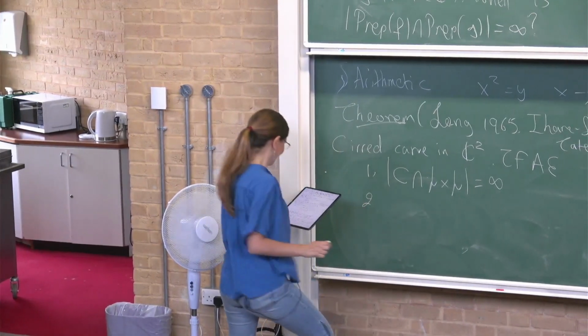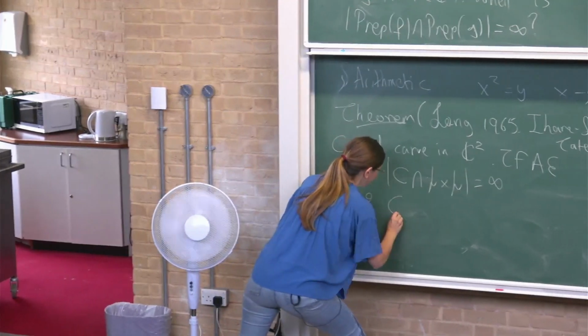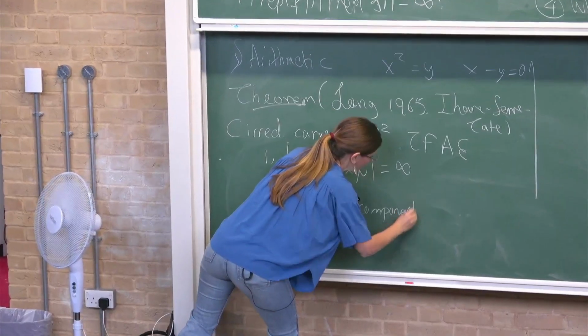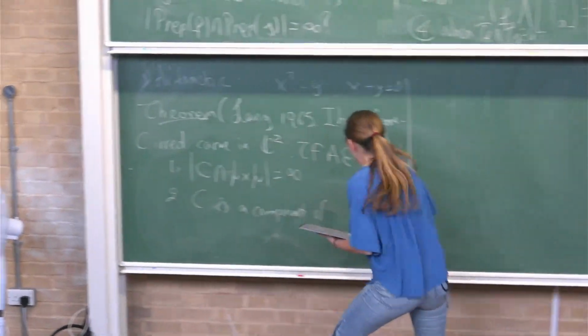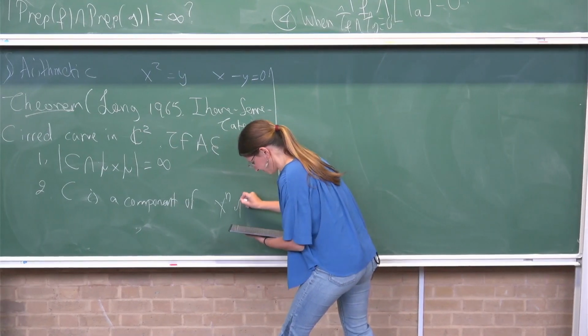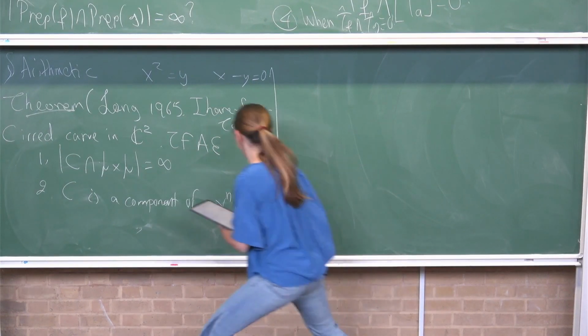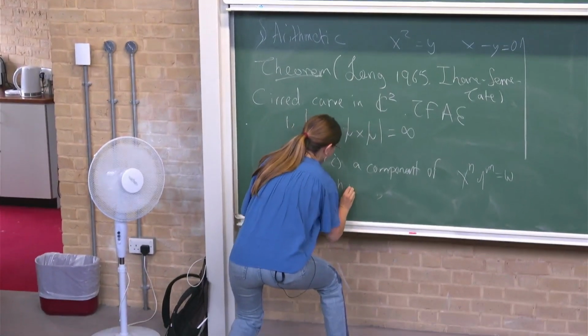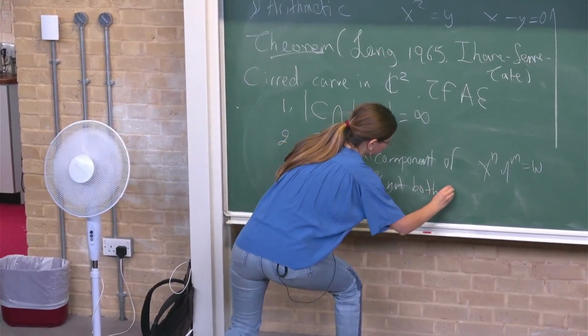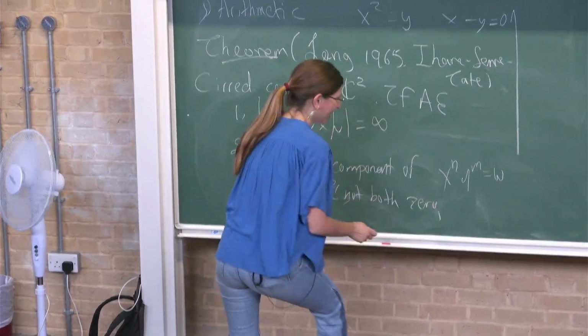And second, the curve is a component of the zero locus of the form x to the n, y to the m is omega, where n and m are integers, not both 0, and omega is a root of unity.